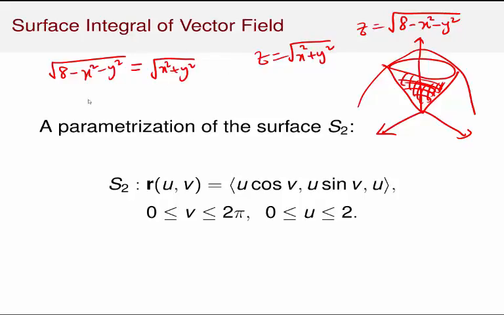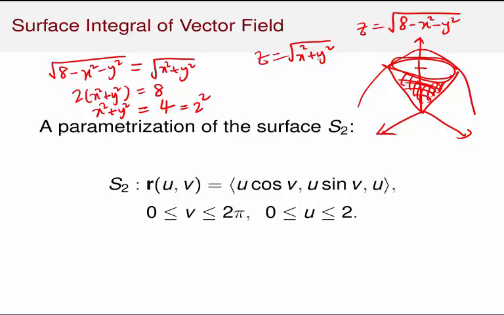Squaring both sides, we have 2 times x squared plus y squared equals 8, and so x squared plus y squared is equal to 4, which means the intersection curve of the upper hemisphere and the cone is this circle here of radius 2.